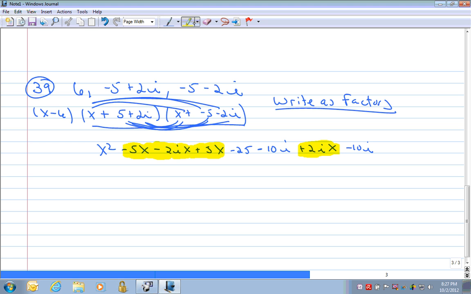So we have negative 10i and negative 10i, so that's not gone yet. And then last we're going to have 2i times negative 2i. That's negative 4i squared. I squared is negative 1, times a negative 4 means that's going to be a positive 4. Alright, let's keep going.